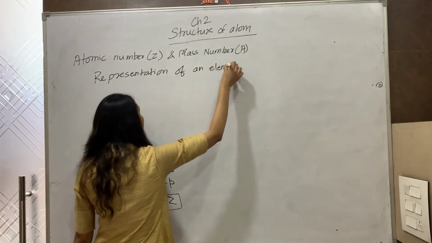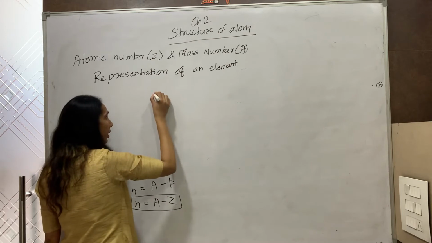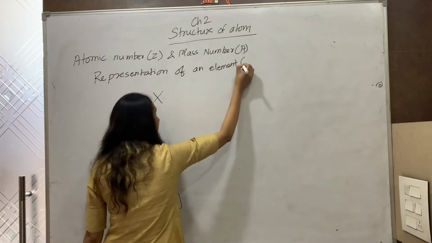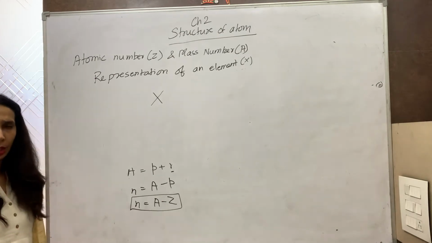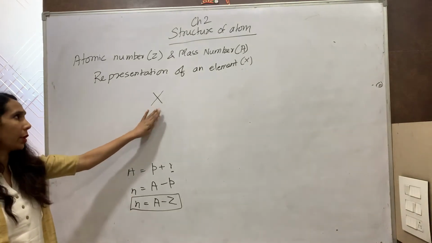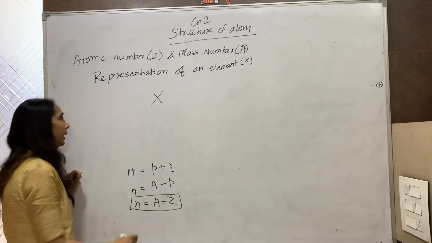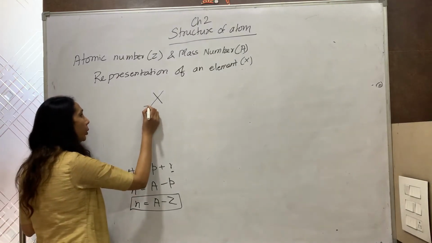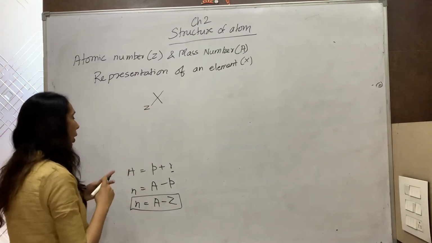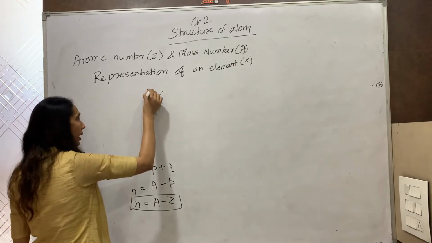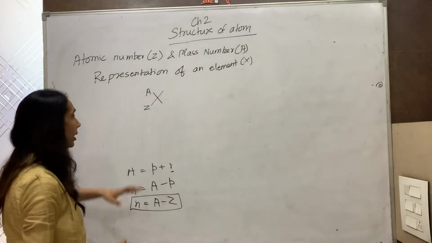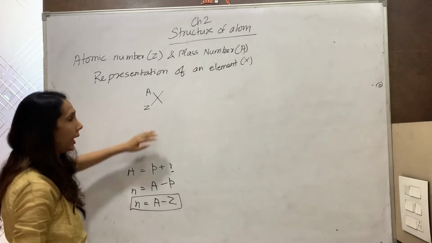If I consider that an element is represented by the symbol X, just an arbitrary element, there is no element with the symbol X, then the atomic number Z is written as a subscript on the left hand side, and the mass number A is written as a superscript on the left hand side. This is the most common way of representing an element.